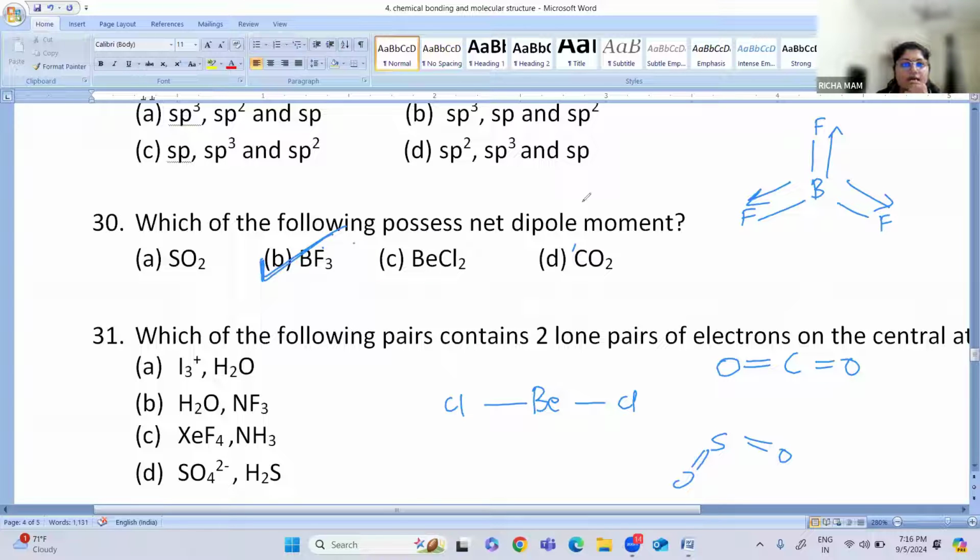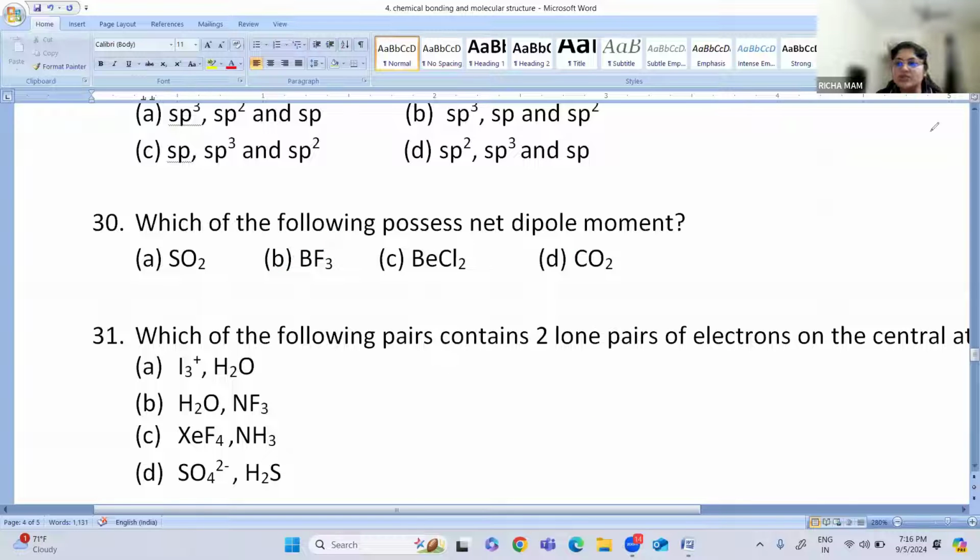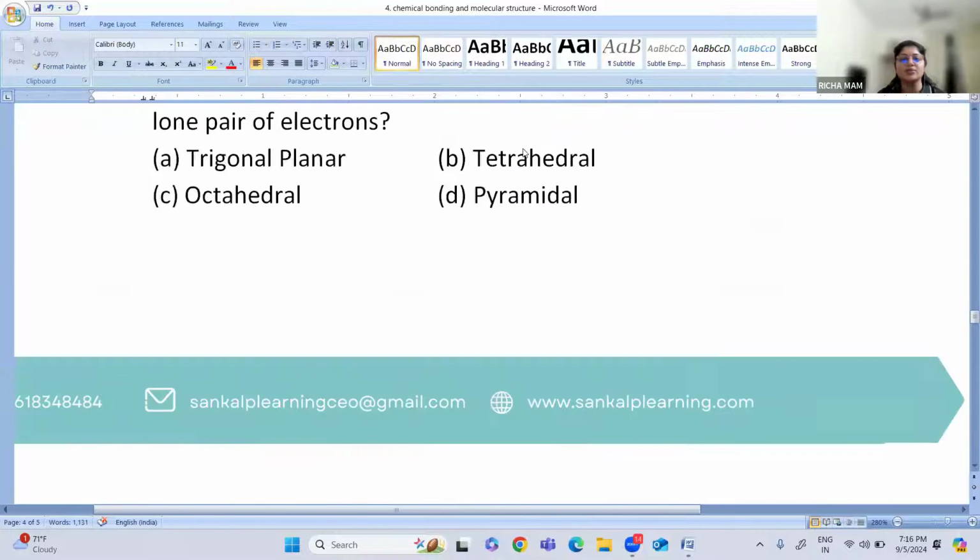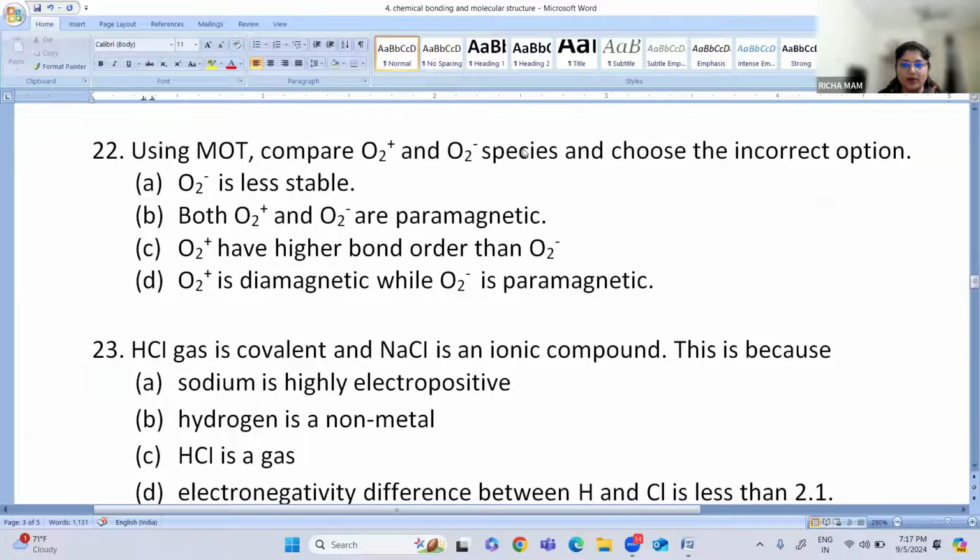So these were some of the questions from chemical bonding and molecular structure. Many questions we have solved on this chapter. What are the important things?